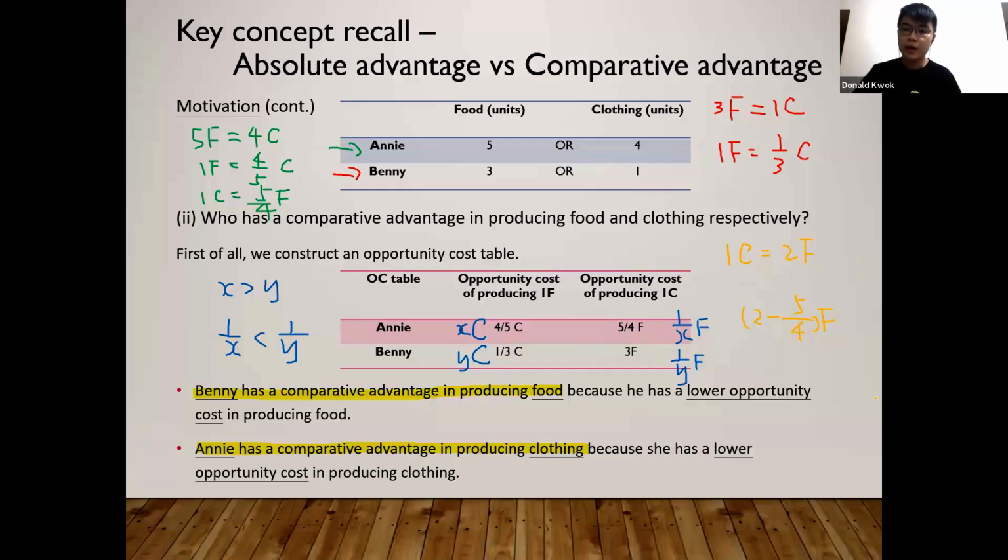If he produces clothing himself, it requires 3F of production costs, while if he trades with Annie, it requires only 2F, the term of trade. So for each unit of clothing traded, Benny can save 3 minus 2, which is 1 unit of F per unit of clothing traded. Obviously, both Annie and Benny will receive positive gains from trade, as long as the term of trade is strictly between the unit opportunity costs of production.